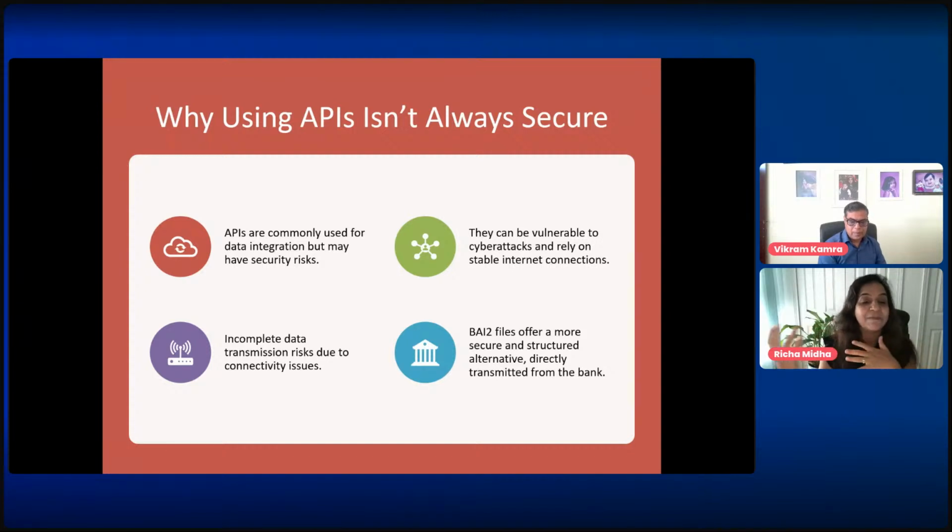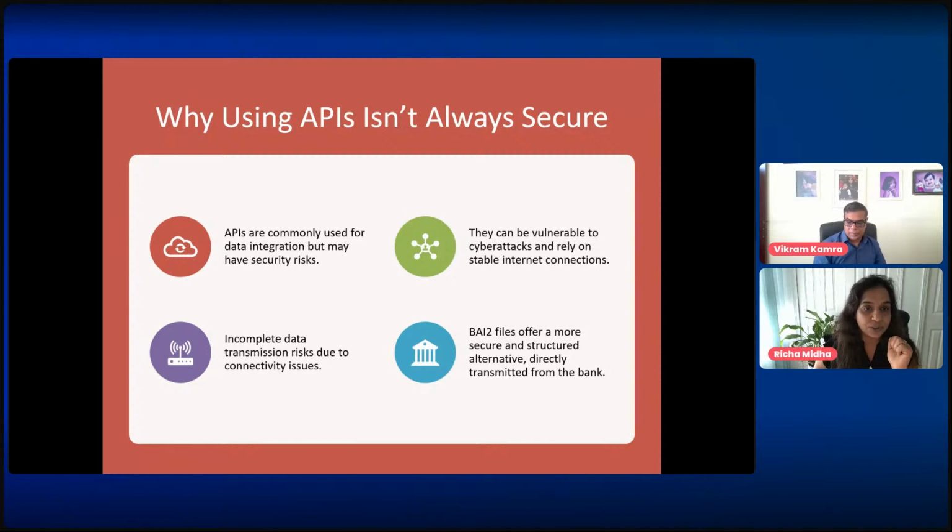That explains why we are saying it's more secure. With limited interaction, SFTP is a controlled process with fewer attack vectors compared to APIs, which communicate more frequently with external services, because SFTP is very, very controlled.